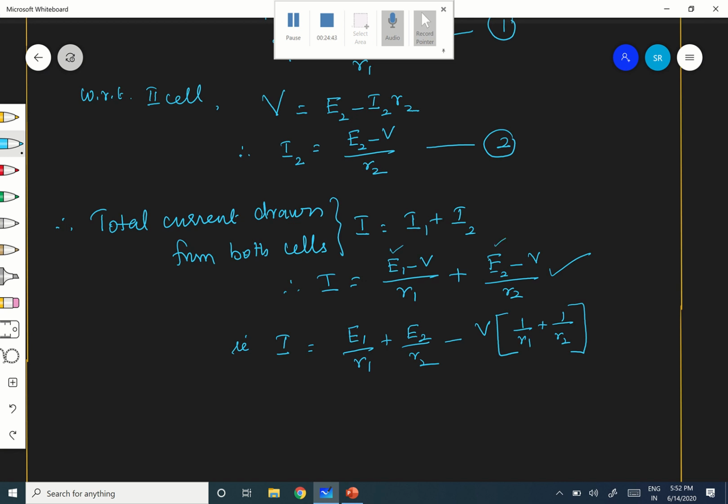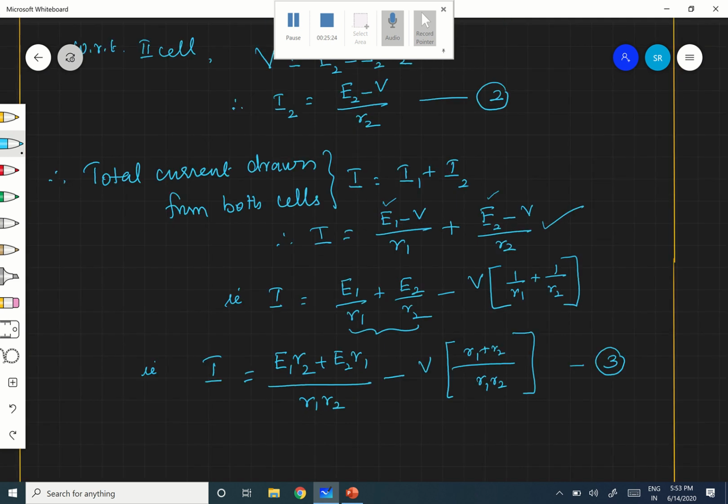If I take LCM here, I can be written as E1 R2 plus E2 R1 divided by R1 R2, these two terms, minus V. Once again, if I take LCM, it is R1 R2, and here it is R1 plus R2. Let this be equation 3.